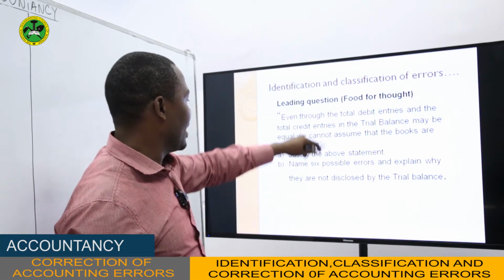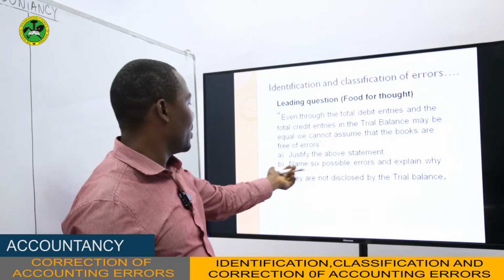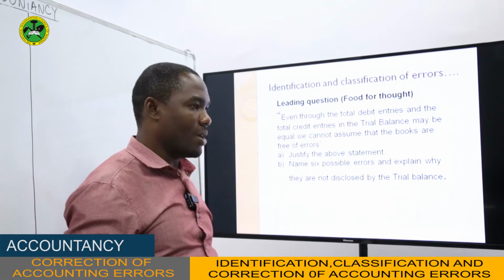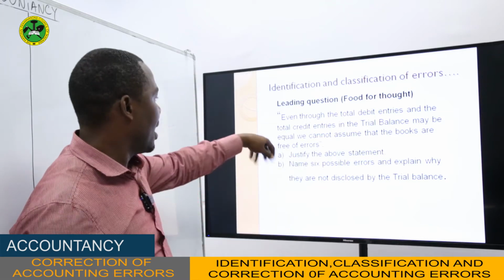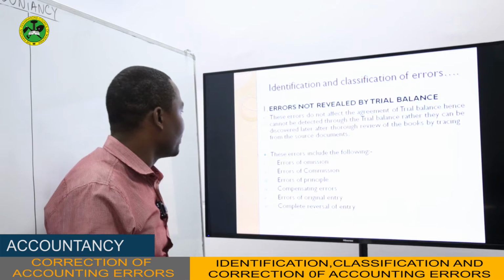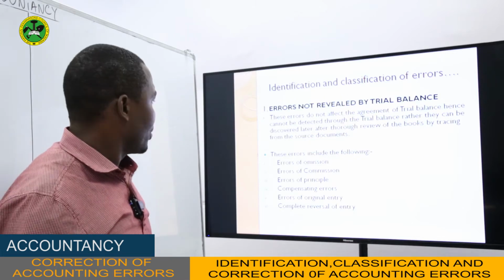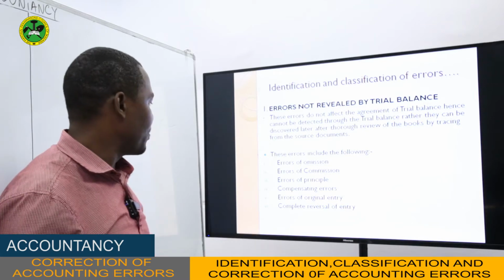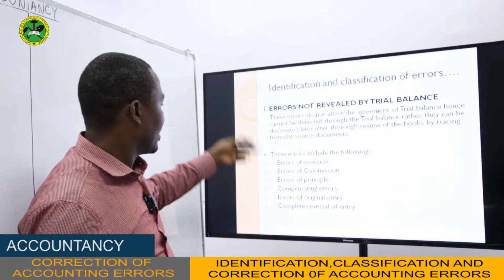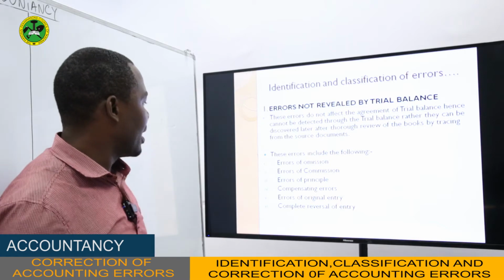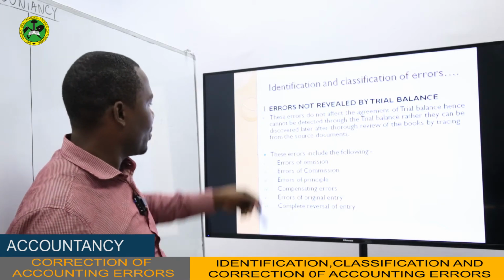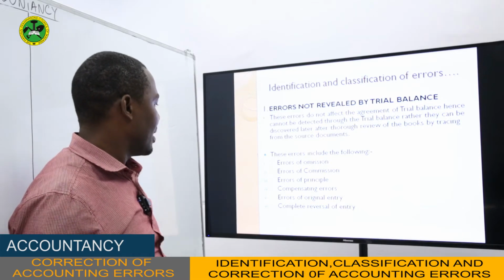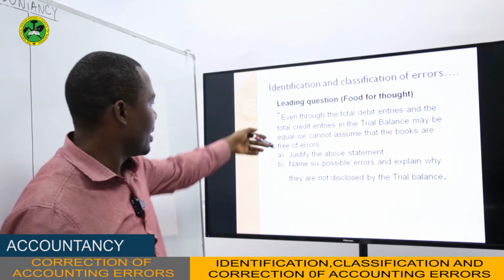Then Part B will require you to explain these 6 possible errors, which I'm going to explain soon. So let us see this classification quickly. If you use these concepts, you will be able to answer this question clearly.